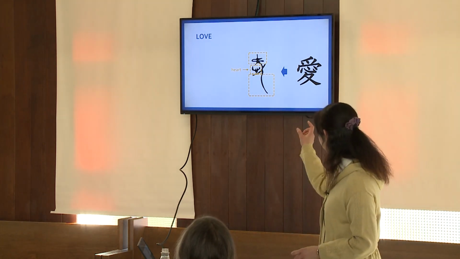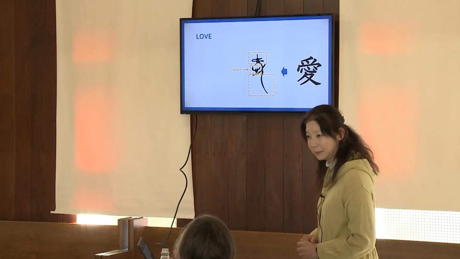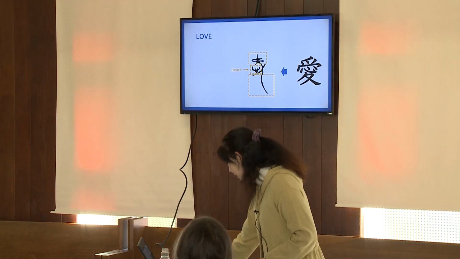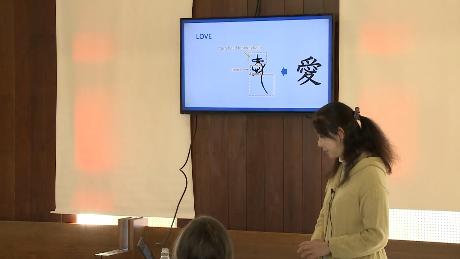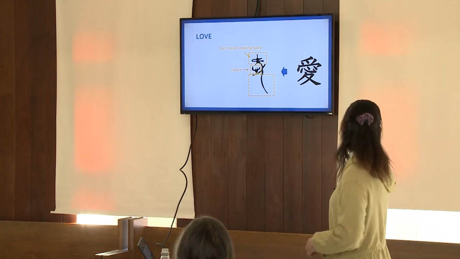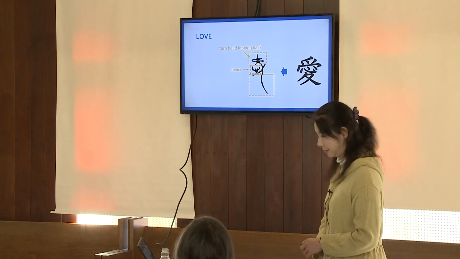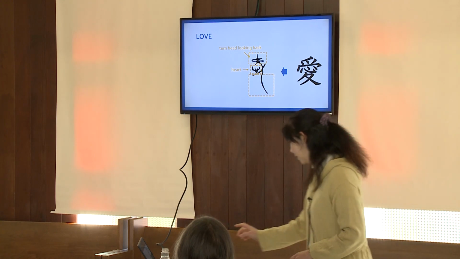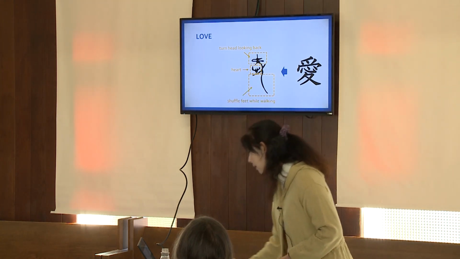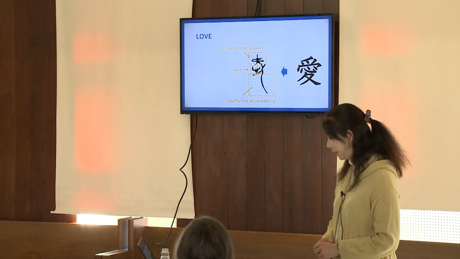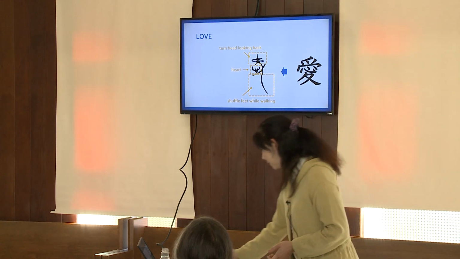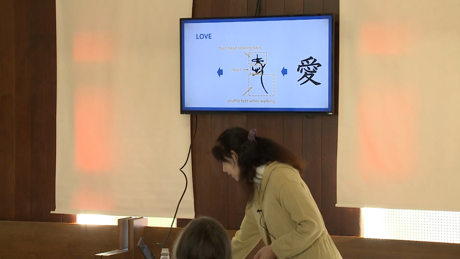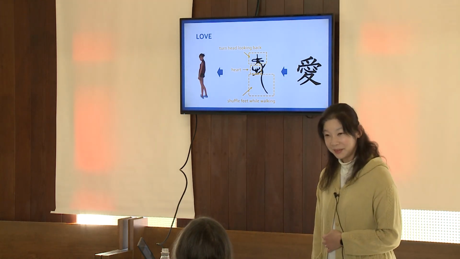So what is the shape above on the top? It's somebody turns head looking back. And the bottom part is shuffle feet while walking. So the love is like this.